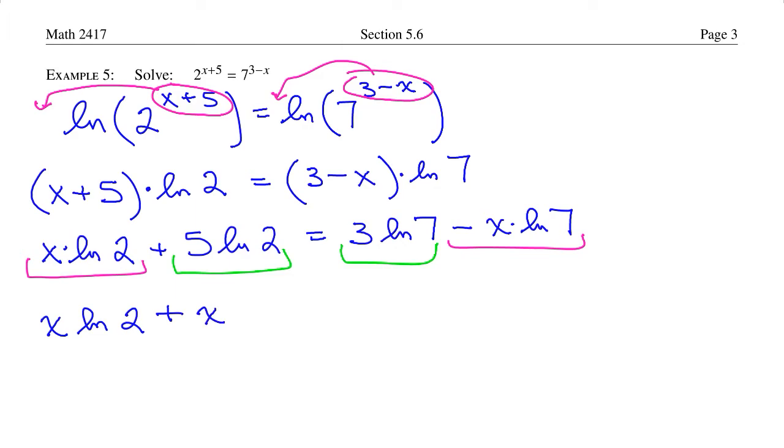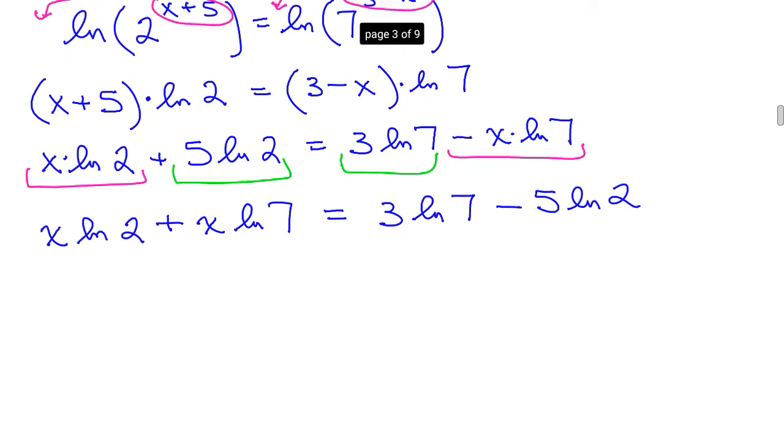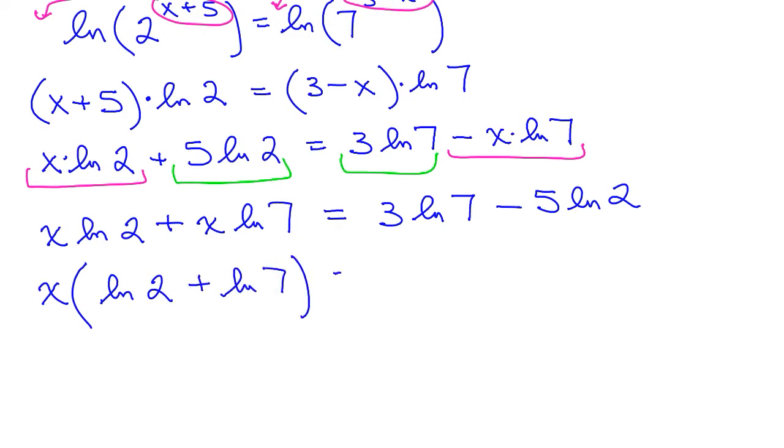And we get plus x natural log of 7. That's going to be equal to 3 times the natural log of 7 minus 5 times the natural log of 2. Notice that we have an x on both terms, so we can factor that out. And that leaves us with natural log of 2 plus the natural log of 7 is equal to 3 natural log of 7 minus 5 natural log of 2.